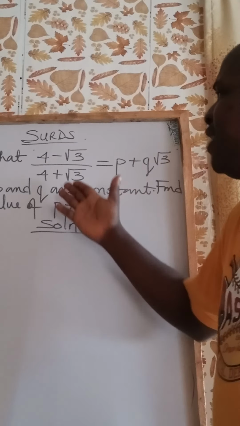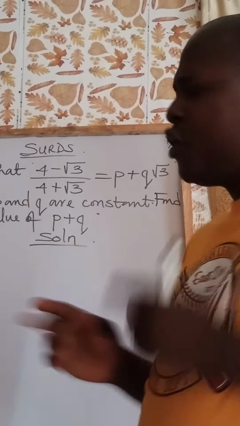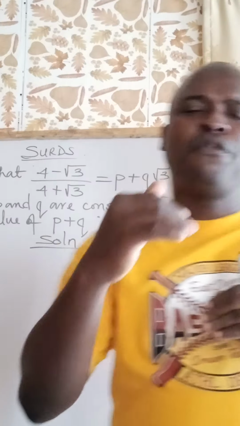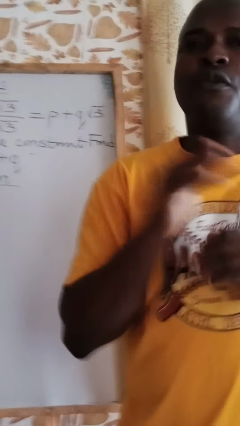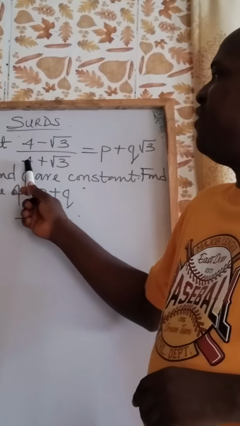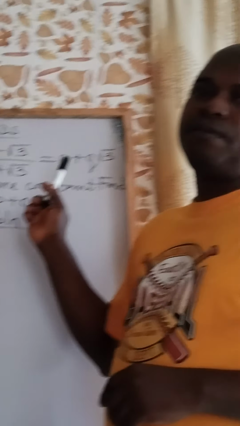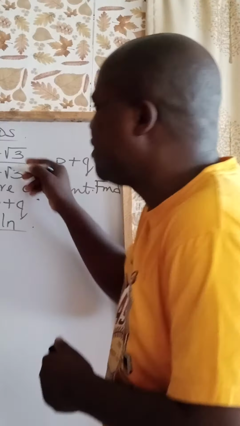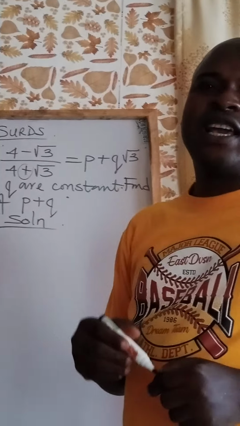What is the conjugate of the denominator? The conjugate has to do with the sign at the center of the terms given. If you look at the denominator here, we are given 4 plus root 3. So we are going to change the plus sign at the center to get the conjugate.